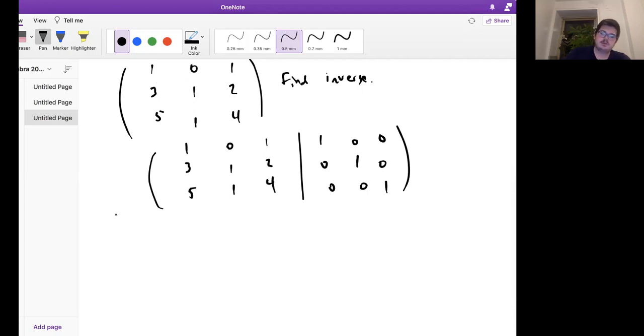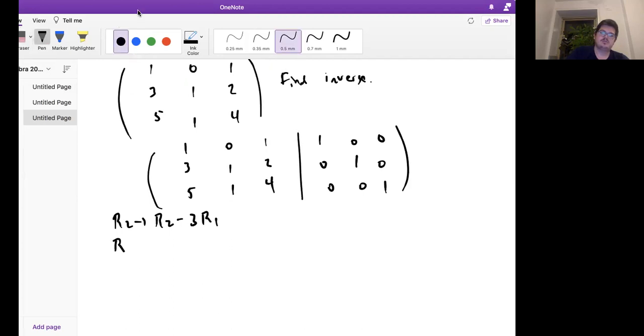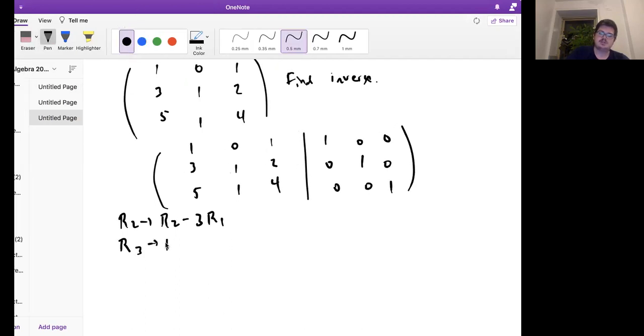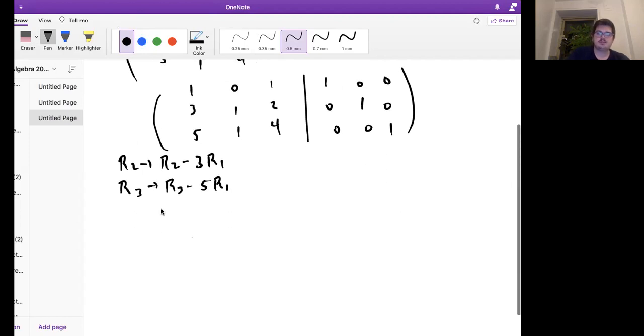Good. Row 2 to row 2 minus 3 row 1. At the same time, you can do row 3 to row 3 minus 5 row 1. Okay, let's do it. It's 1, 0, 0.